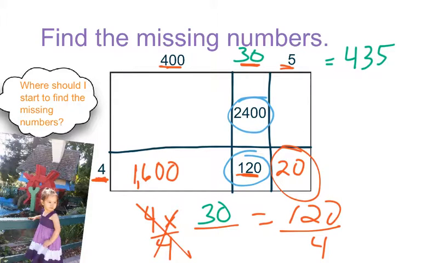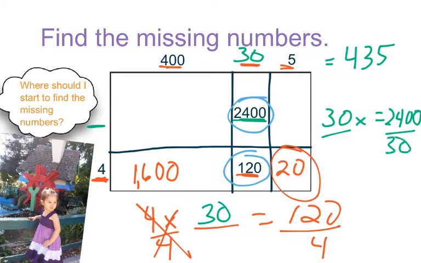Next, I need to say, well, 30 times what is 2,400? So again, I can just say 30 times what, or 30x, equals 2,400. And I can divide both sides by 30, or again, use mental math. 30 times what is 2,400. I'm going to use algebra, just as good practice.